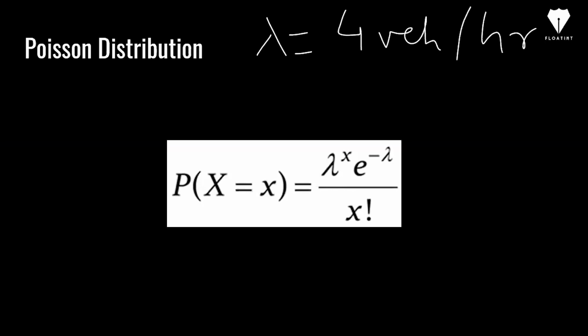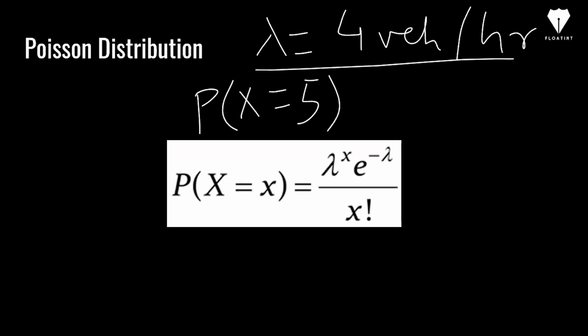In those kinds of situations, you will model them with the Poisson distribution. So I have observed this, and then I want to calculate the probability that I will watch 5 vehicles passing by me in the next hour. You can calculate this through this formula. This is what the Poisson distribution does.